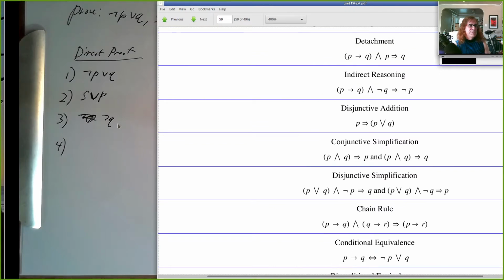Alright, so I've got these three statements. Is there anything else I can do?